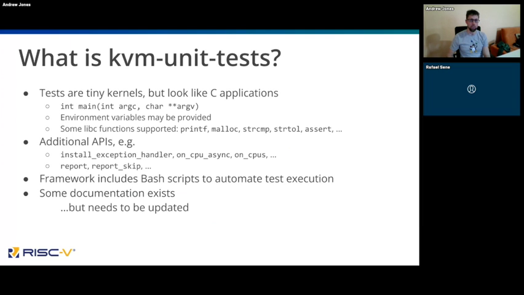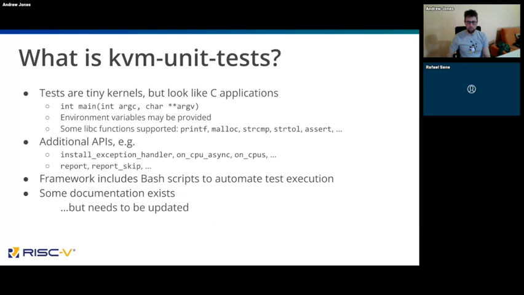Where the entry point to a unit test looks exactly like a C application, exact same signature. In fact, we can even use getenv to get environment variables that could be provided.